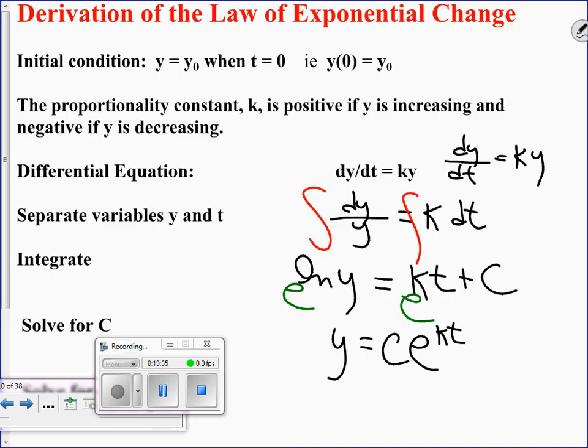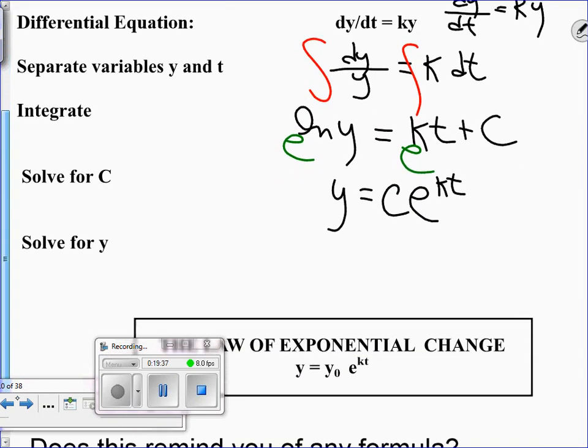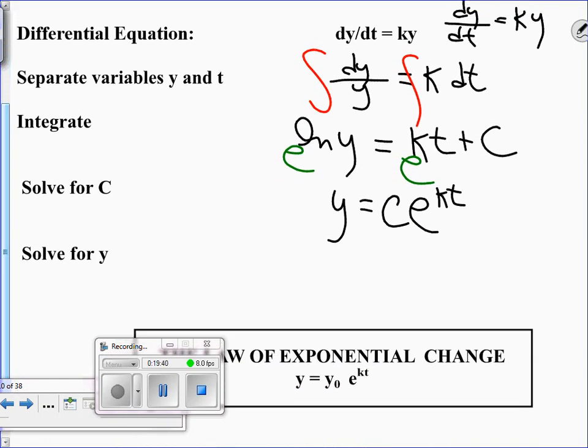Now we'll figure out what c is with the initial condition. So remember they said at time 0, your quantity was your initial. I know it's kind of like you're saying the obvious, but when t equals 0, y equals y at time 0. It's your initial amount. e to the k times 0 is 1.